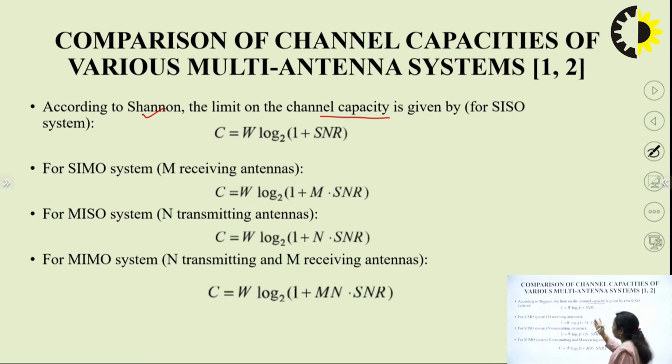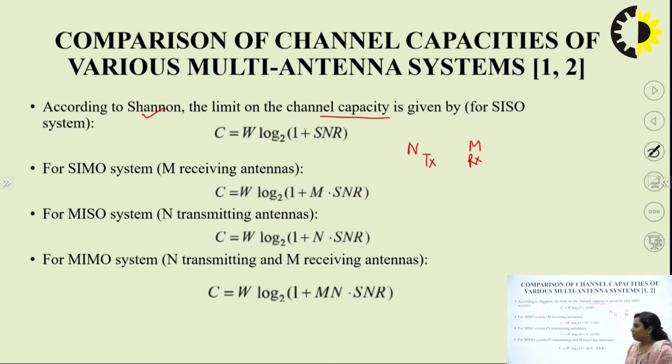Now this formula can be changed depending on the number of transmitters and number of receivers. So here we are considering n number of transmitters and m number of receivers. So this will be fixed, means how many transmitters and receivers are there.